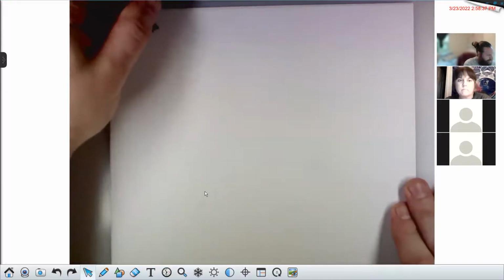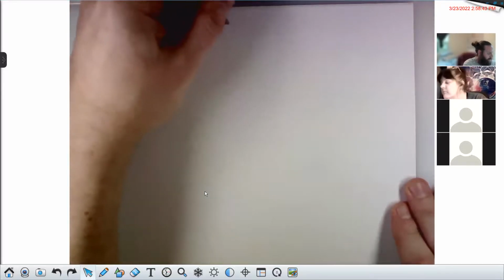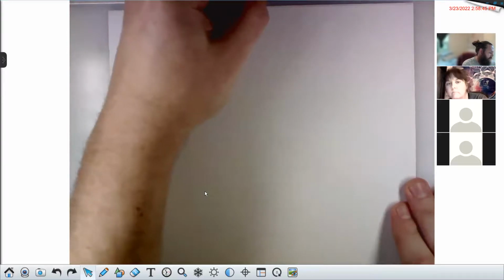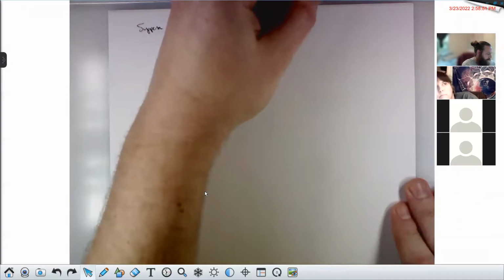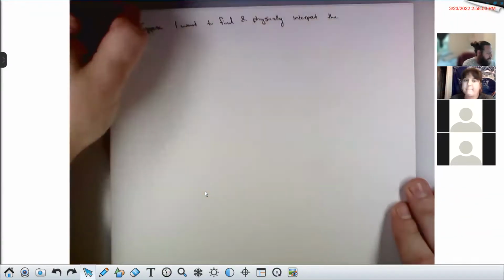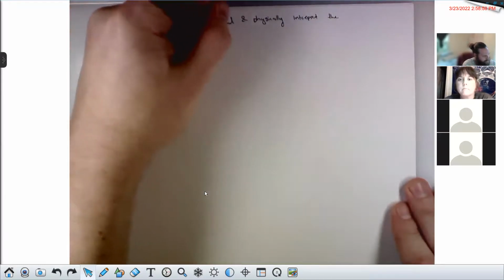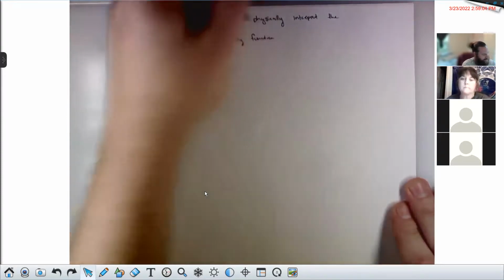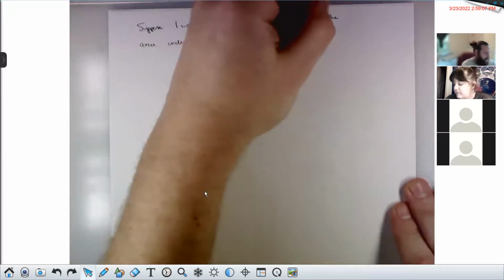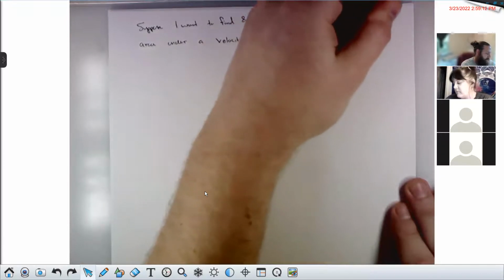So suppose I want to find and physically interpret the area under a velocity function v of t from some time t equals a to some later time t equals b.